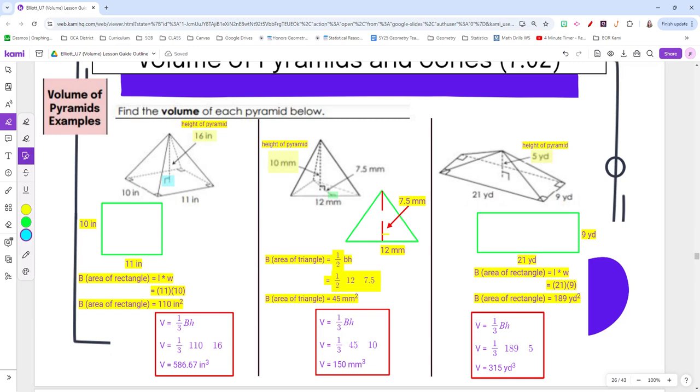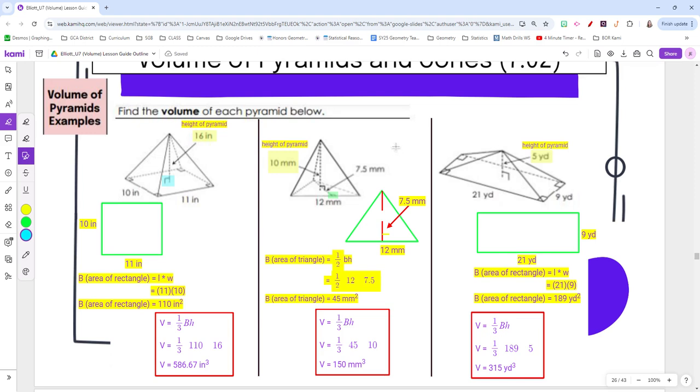For the second one, the one in the middle, it has a little bit more to it than the first one did because our base of this pyramid is a triangle. So for our triangle, I have drawn out in the center here in green the base shape. And then I went in and identified the height of that triangle. I need the height because the area of a triangle formula is 1/2 base times height.